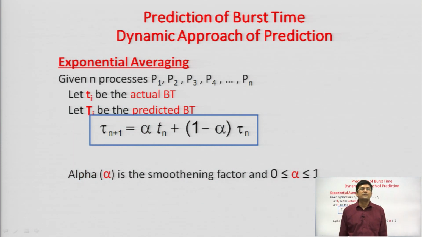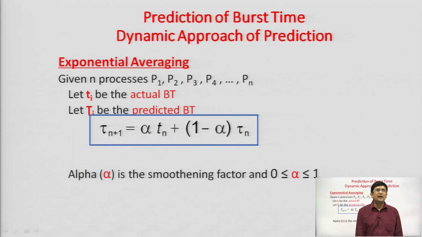Another technique is exponential averaging. In exponential averaging, we have to create a balance between the predicted burst time and the actual burst time, so we have to take both factors in mind while computing the predicted burst times.